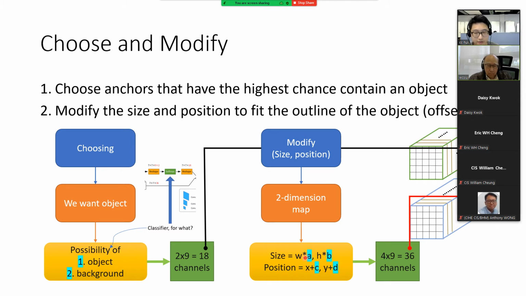So we have 4 sections here, and 4 multiplied by 9 is equal to 36 channels. This is how the 36 and the 18 channels come about. The 18 channels are for the probability. The 36 channels are for the offsets. The offsets mean the final modification.